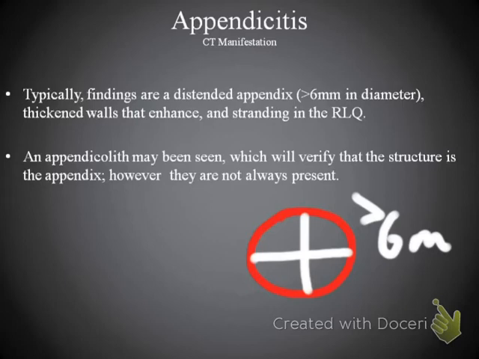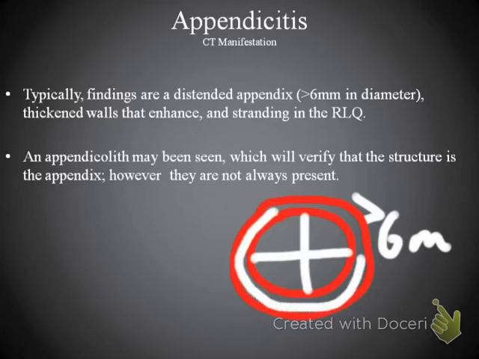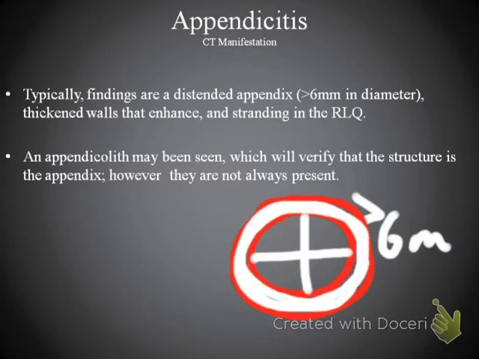We also see thickened walls that enhance. And typically what you're also going to see is a degree of enhancement surrounding the appendix.